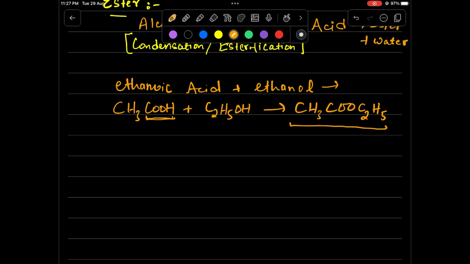That is the ester which the reaction of ethanoic acid and ethanol makes. Obviously, you add an acid to conduct this reaction. Now, how do you name this? That's the main purpose of this video. I'm going to show you how to name this in just a second.